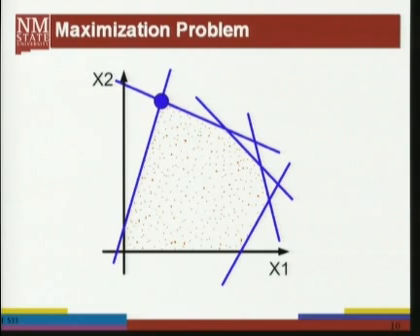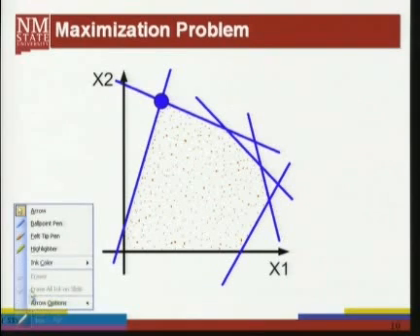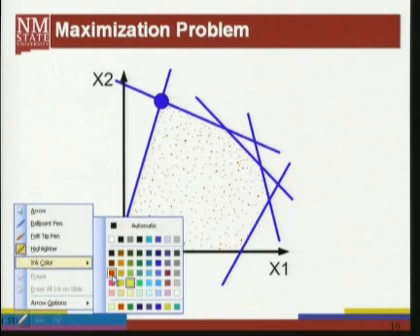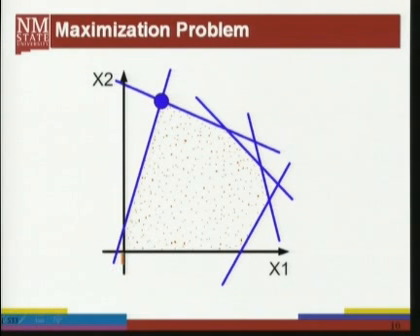Starting from the origin, you might say that we should choose x1 to be increased, because moving up the x1 axis increases the objective function value this much.